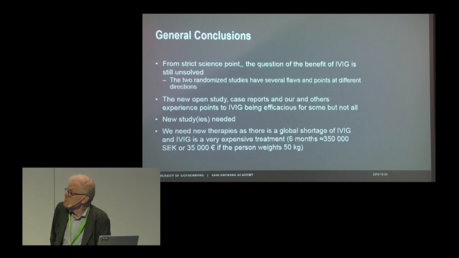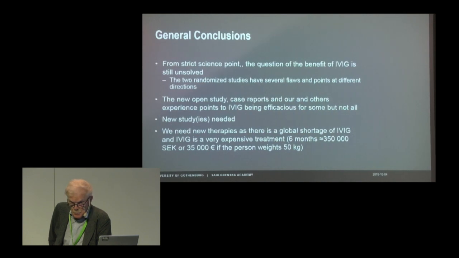And obviously we need more studies. And I would also say that in the long run, it would be optimal if we find new therapies, as there is a global shortage of immunoglobulin.